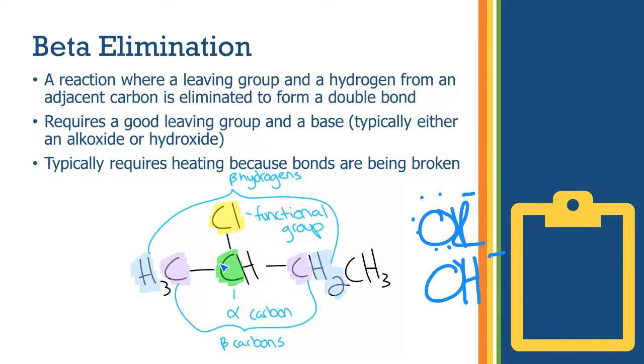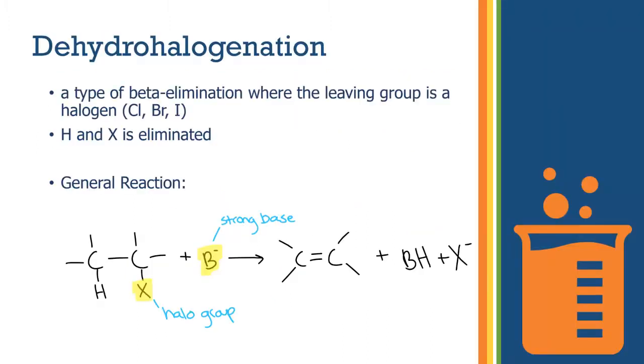And then your beta carbons are the ones that are connected to the alpha carbon. This is the beta symbol right here, and this is the alpha symbol. The hydrogens, which are highlighted in blue, are beta hydrogens, which are the hydrogens that are connected to the beta carbons. Those are the hydrogens that will be eliminated. Any questions so far?